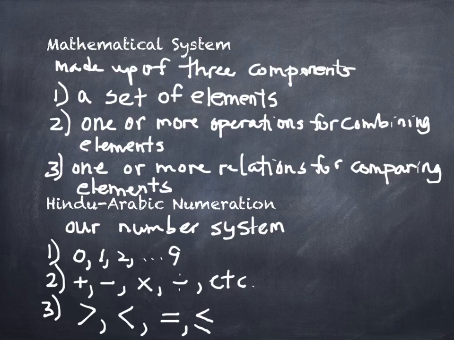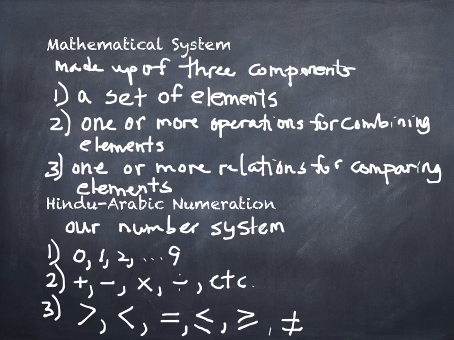I wrote down less than or equal to, and then of course there's greater than or equal to. There we go. So these are some of them. There's one more, I guess. We could do not equal to. Those are our basic ways of comparing elements. All right, they're all up there now. So that's our system, all right?